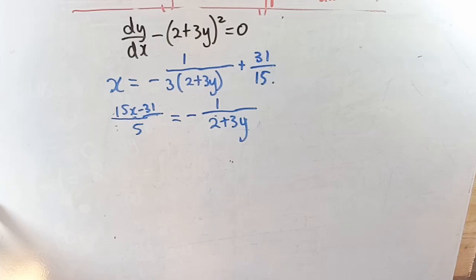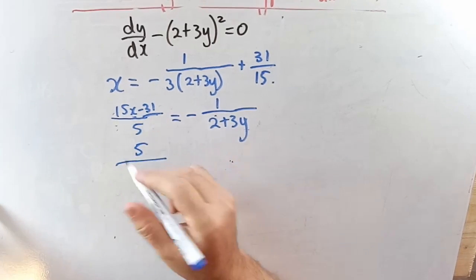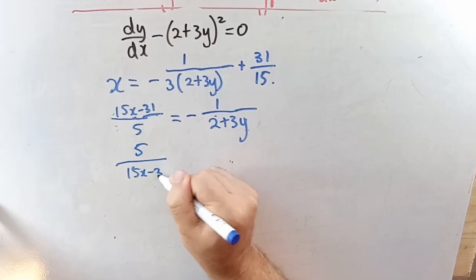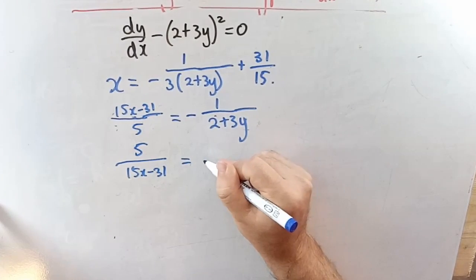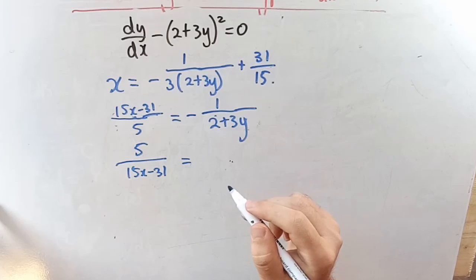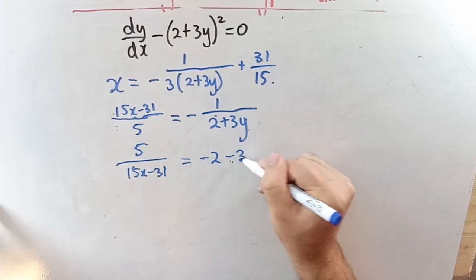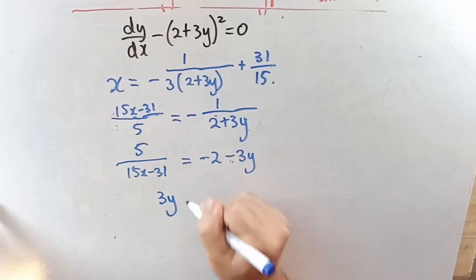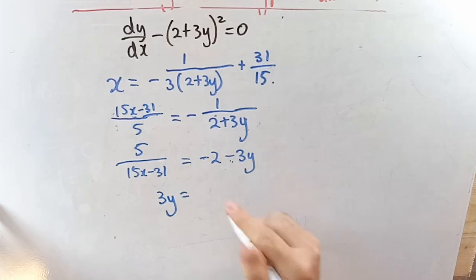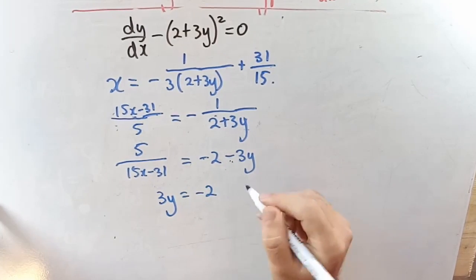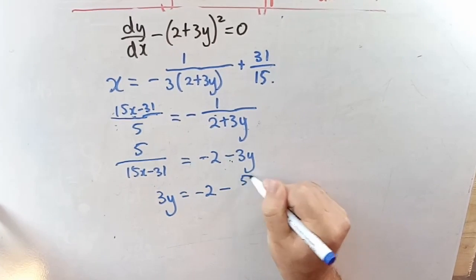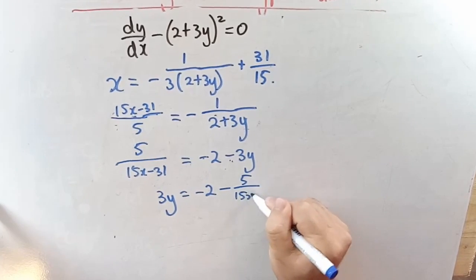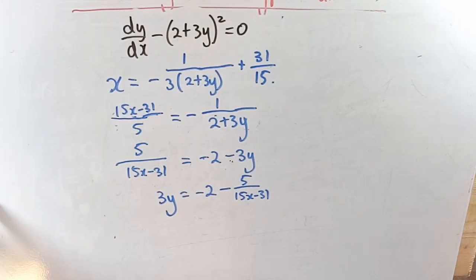Okay, solving for y, I could flip them the other way. So I could have 5 on (15x minus 31) is equal to negative 2 minus 3y. I could then move 3y across, move this across the other side: 3y equals negative 2 minus 5 on (15x minus 31).